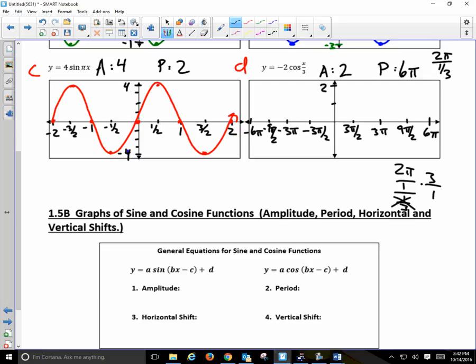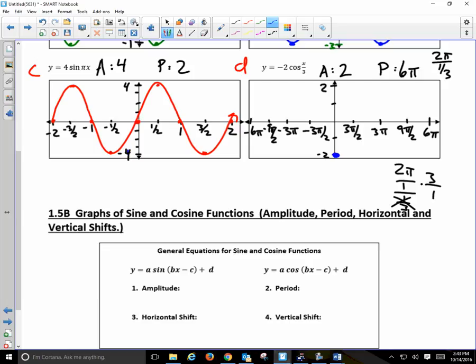Got a max of 2. Oh boy, I'm graphing cosine. Does cosine start at the max, the min, or the middle? The max, but it's got a negative in front. So instead of starting at the max, it will do a vertical flip, and now it will start at the minimum, all the way at the bottom.